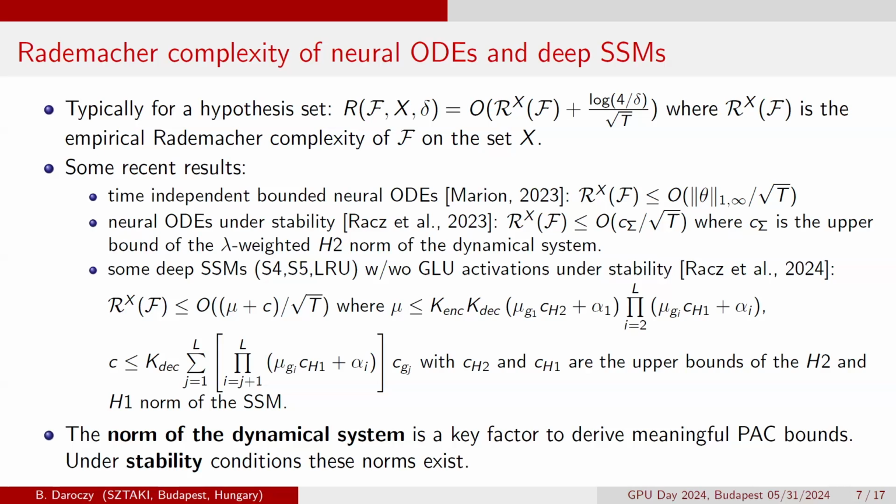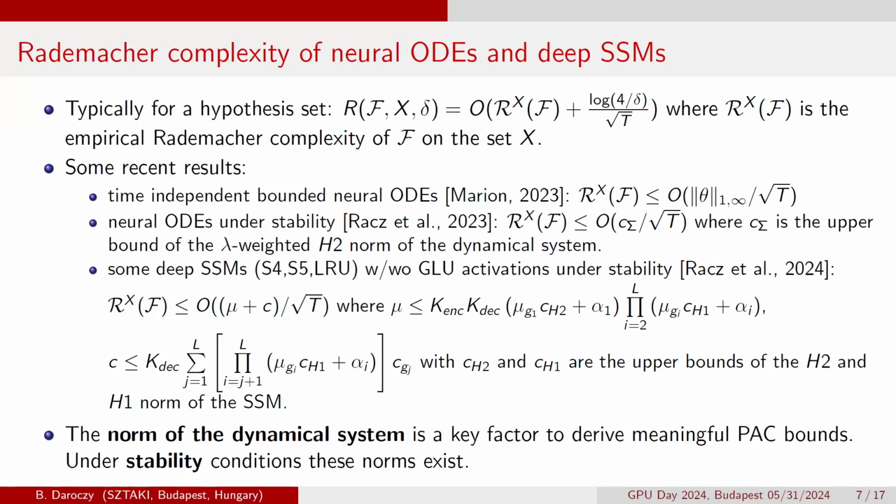That is very important, because the main problem before was that people were obsessed with the idea that if you have a large network, maybe it will overfit, but it will not overfit if these norms are small, because in this case the dynamical complexity will be low and your generalization bound will be good.